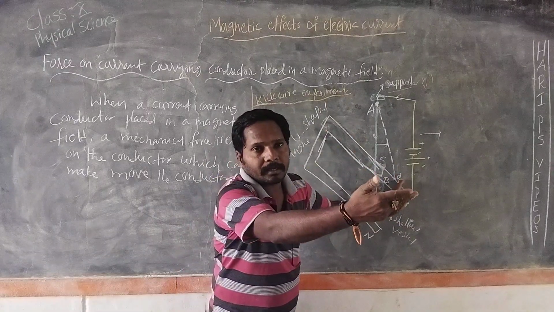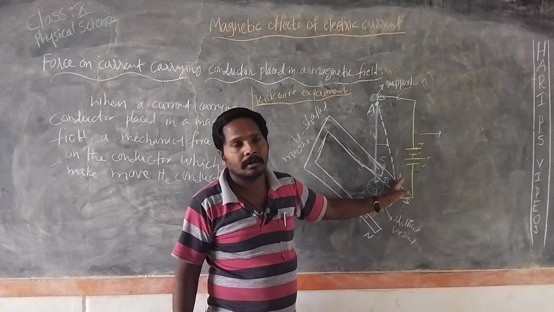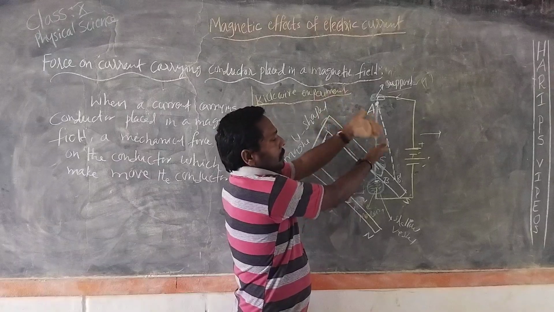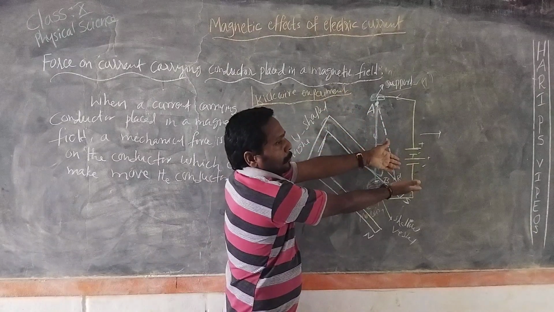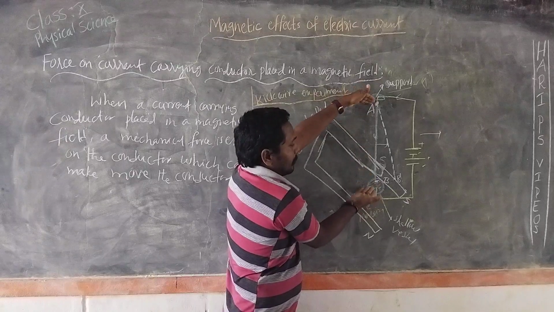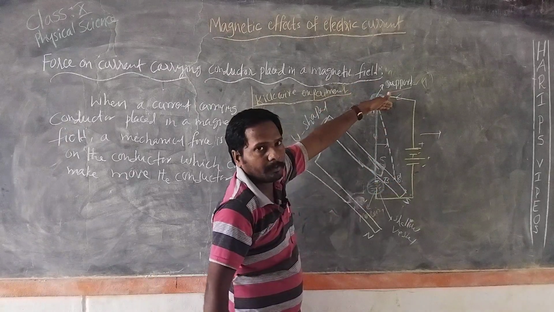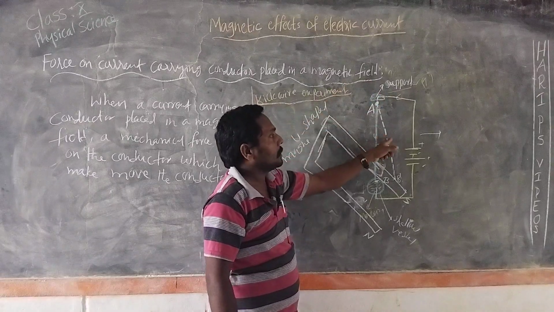To move an object, we need to apply some force. Who applied the force here? The magnetic field. Due to the magnetic field, this current carrying conductor changes its position, moving from the original position AB to AB dash.